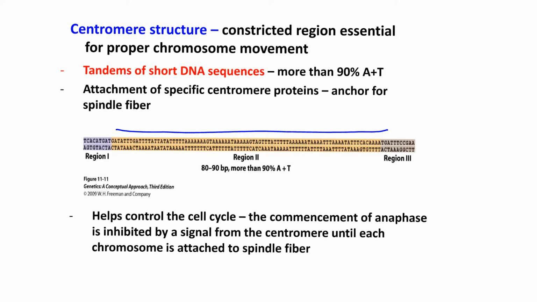Surprisingly, no specific sequence that would be found in all centromeres was determined. So how is the centromere defined? Research suggests that centromeres are not really defined by DNA sequence, but rather by epigenetic changes of chromatin structure.